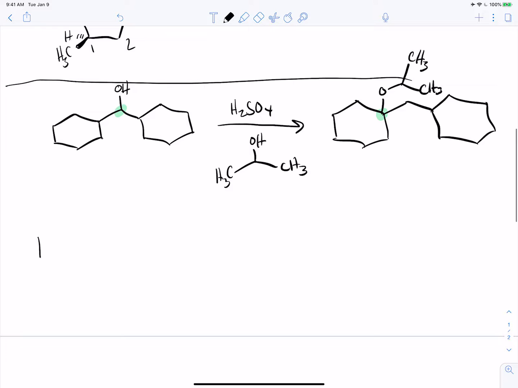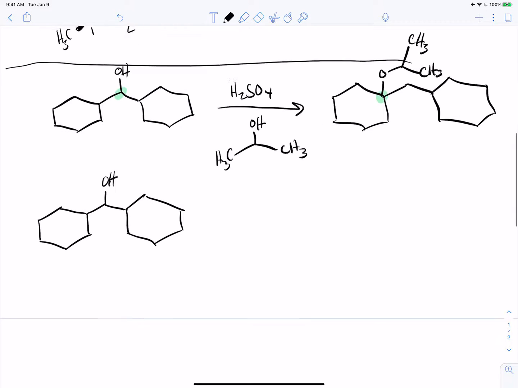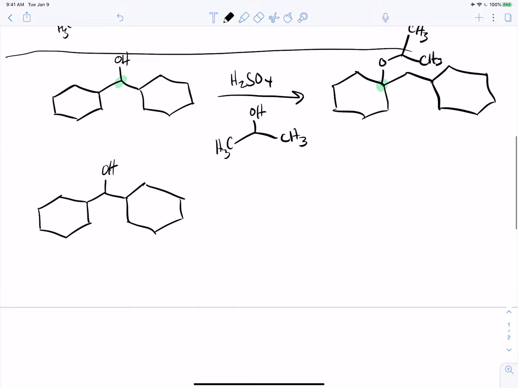So I'm not totally sure just from looking at this what happened. I'm just going to start drawing out what logically should happen. I'm assuming this is an SN1 reaction, since we're seeing rearrangement. And it's a secondary carbon, which alcohols typically go through SN1 for secondary.